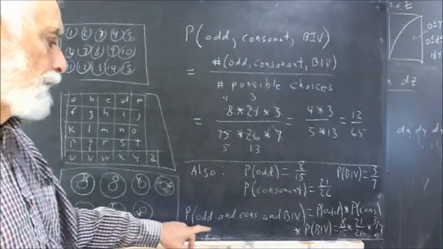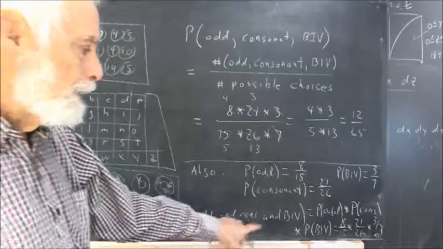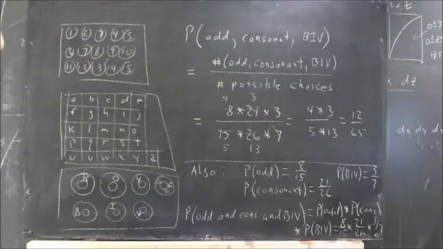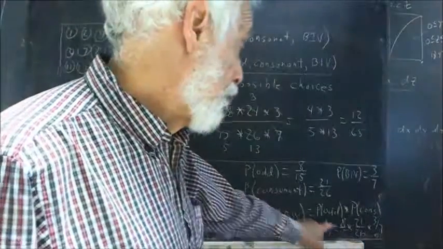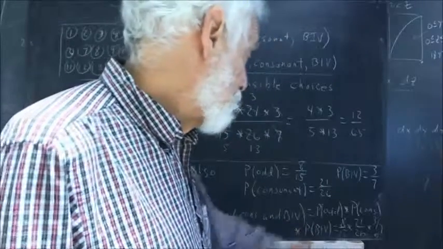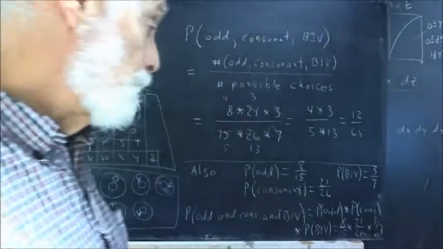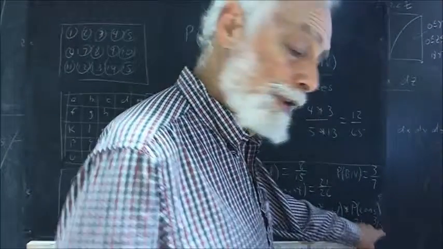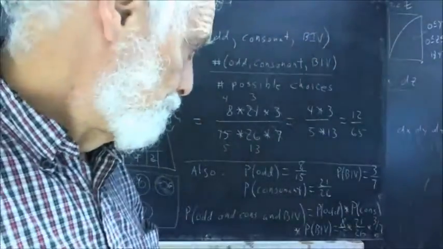So the probability of an odd and a consonant and a blue, indigo, violet when we reach into each box is going to be the probability of an odd multiplied by a probability of a consonant multiplied by a probability of blue, indigo, violet, and that's going to be 8/15 times 21 over 26 times 3 over 7.